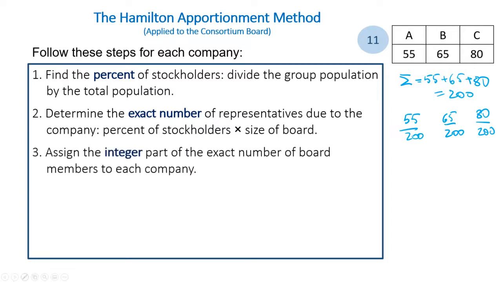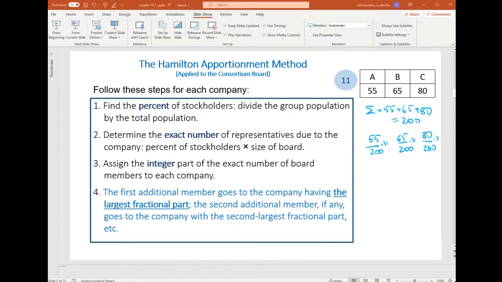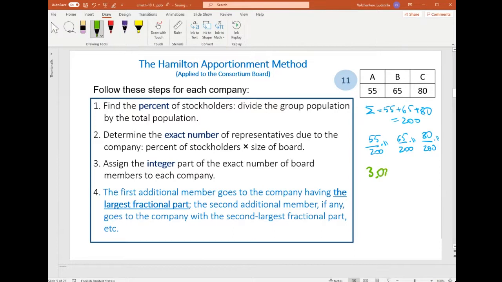And then we multiply this fraction by the size of the board. So we have here 11. So multiply by 11, multiply by 11, multiply by 11. So 55 over 200 multiplied by 11 is 3.025.